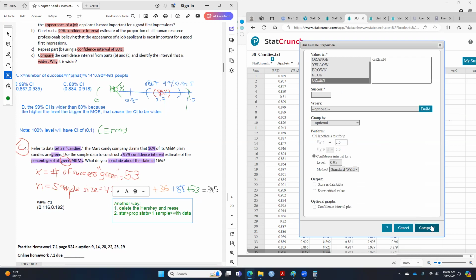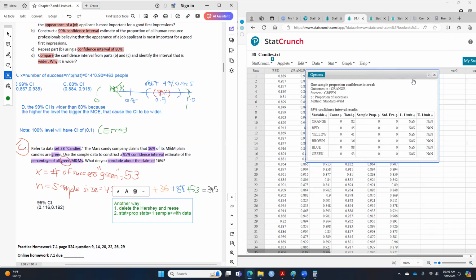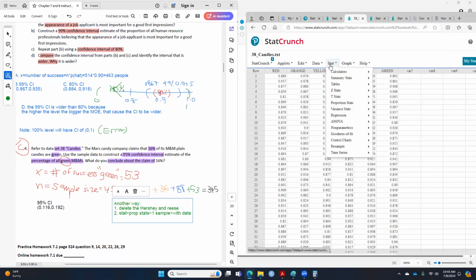I'm going to try and see it. Okay. See, I need to put values in green. Success is in green. Let's try this way. See if this works. Okay, it does not work. So this is new to me.